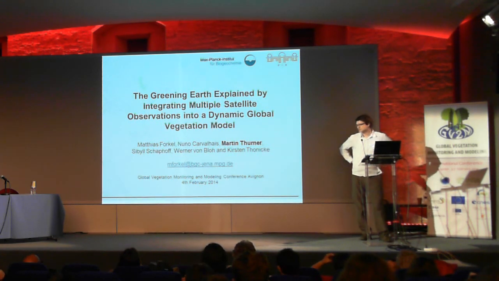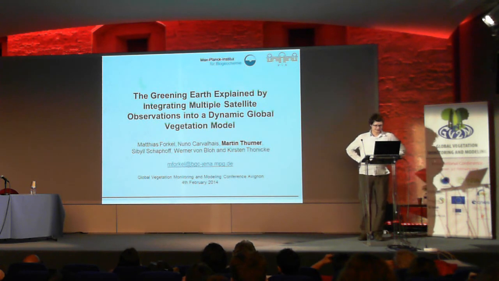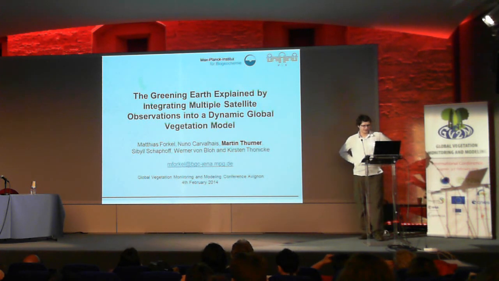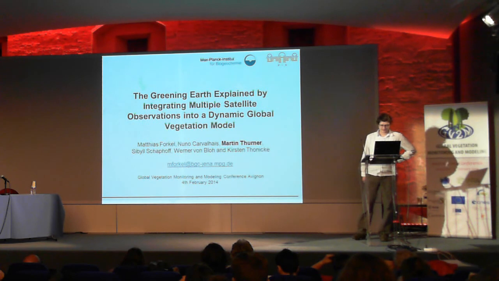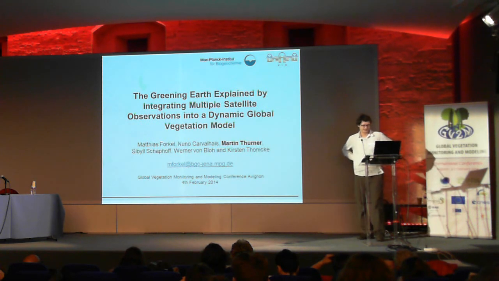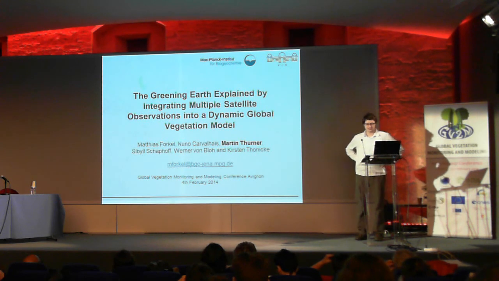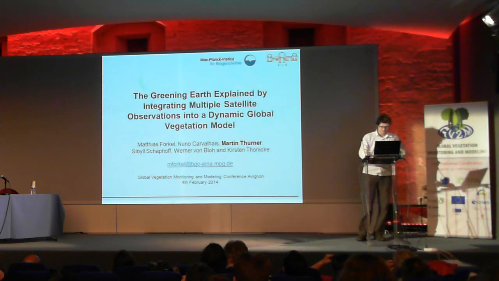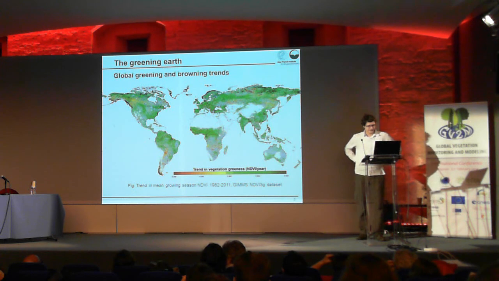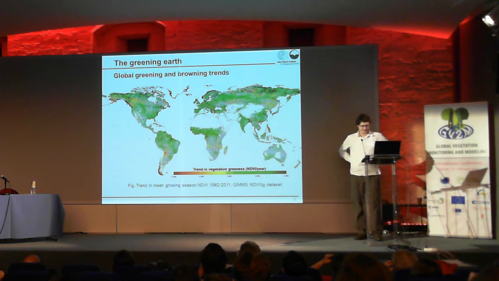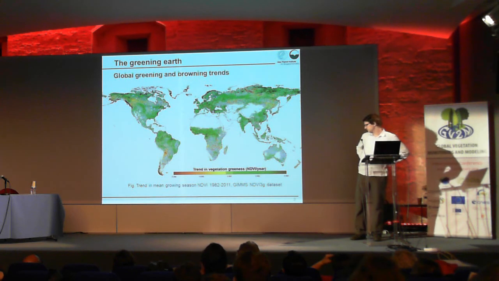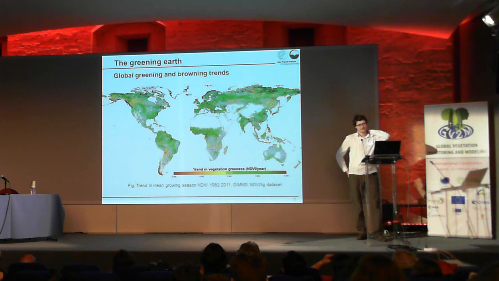Okay, so Matthias is also a PhD student at our institute, and he's also working on the Greening Earth, and he's integrating multiple satellite observations in order to optimize phenology in the LPJmL model. Here you can see another map showing global greening and browning based on the GIMMS NDVI, in this case for the last 30 years.